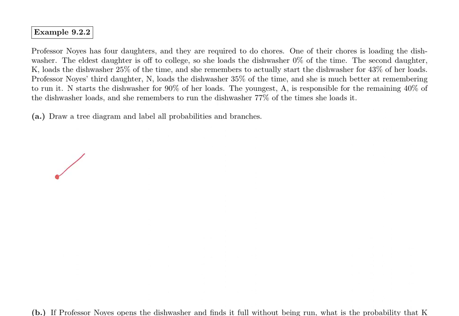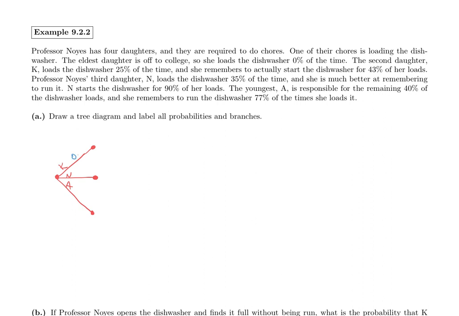So it will branch off to K, N, and A. And it even says here that the eldest daughter is gone, so she's 0%, she's not there. So K loads the dishwasher 25% of the time. So this is 0.25. And we'll put it in a different color here.